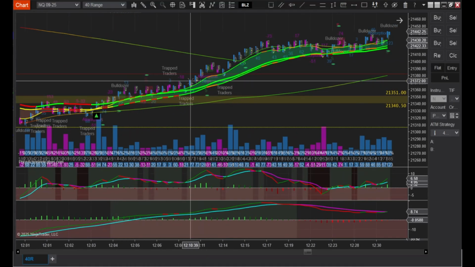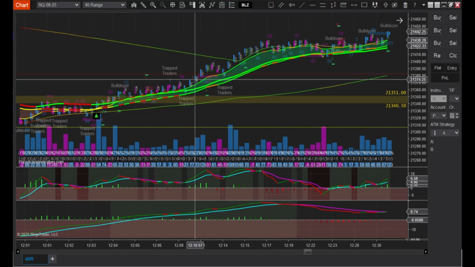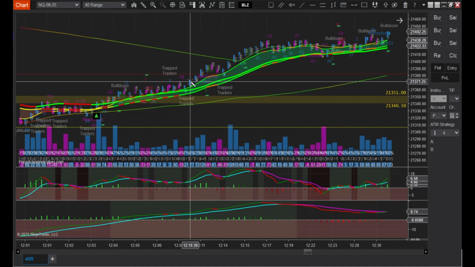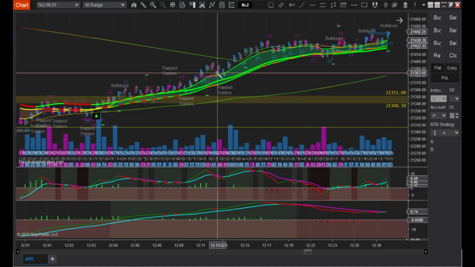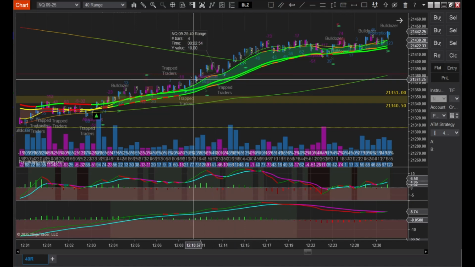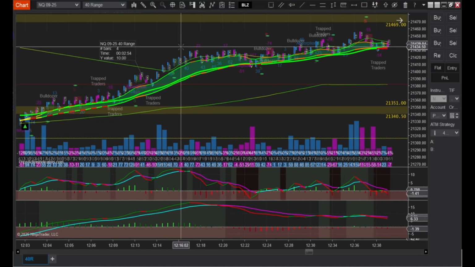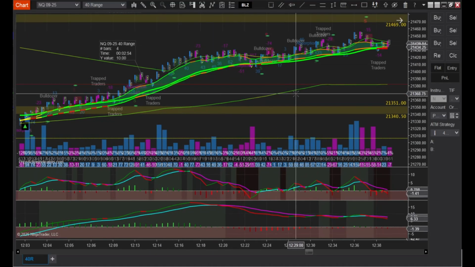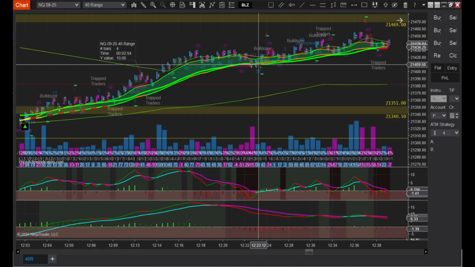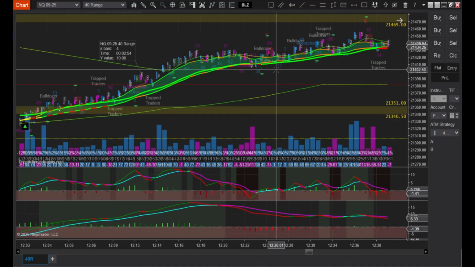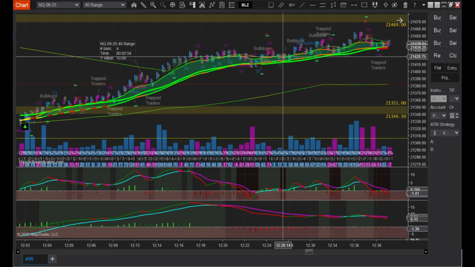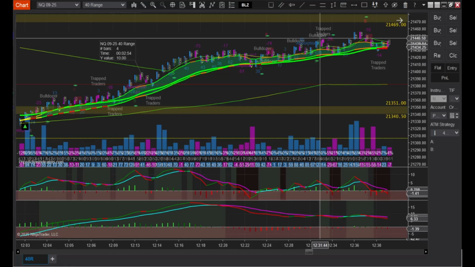This here starts breaking up here from the trap traders. All right. So if we got in a little late, just a pullback. There's plenty of opportunities. You have a surge here, and there's another entry opportunity.